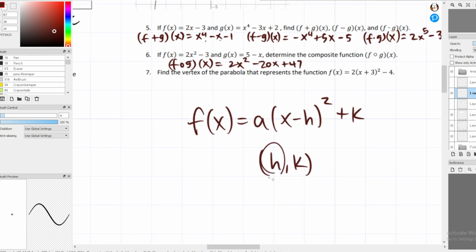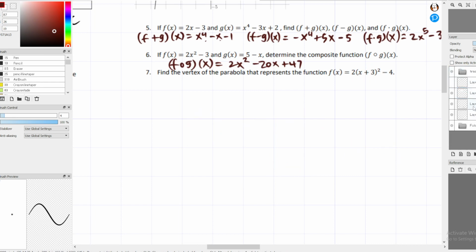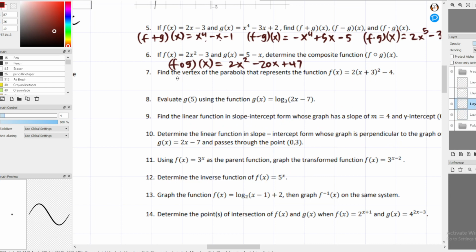Notice that it's not negative h. We just take the opposite of what we're seeing. So with this, our vertex is going to be negative 3 comma negative 4 because the inside gets switched. That sometimes confuses people, but it's okay. So our answer for this is negative 3 comma negative 4.